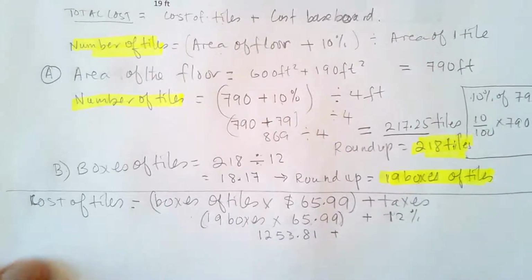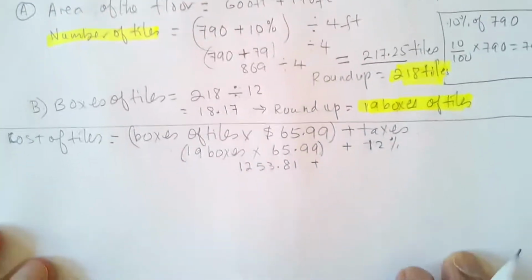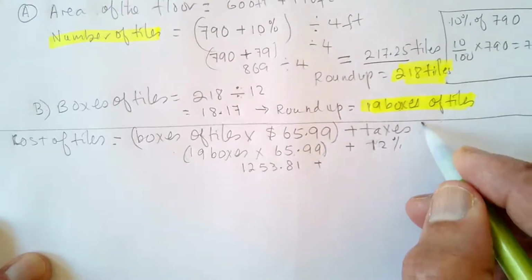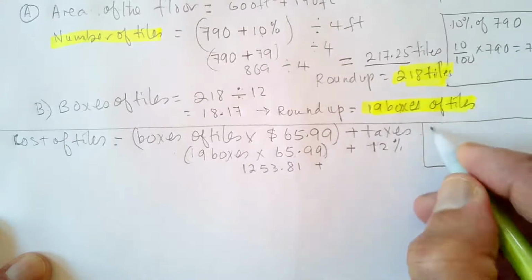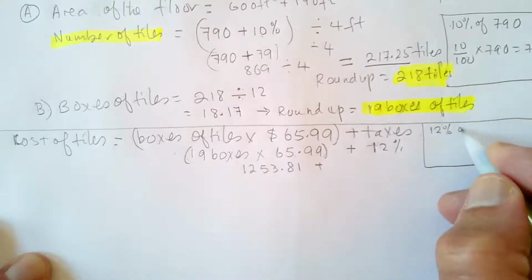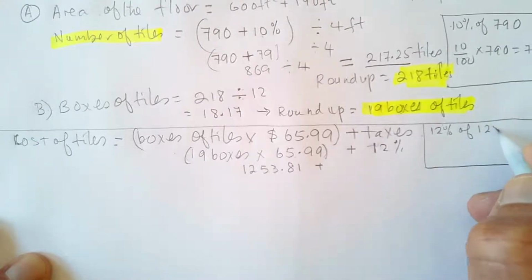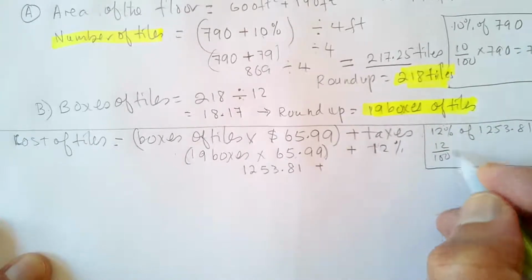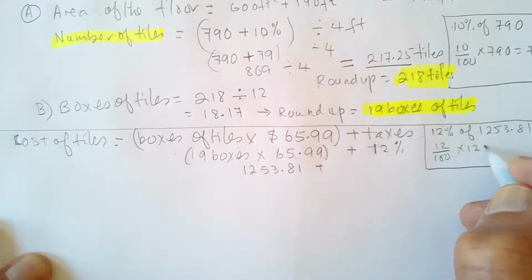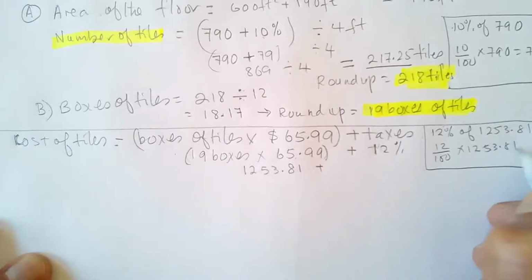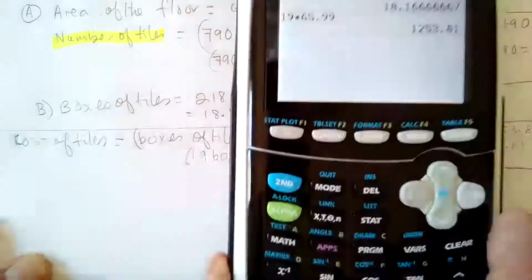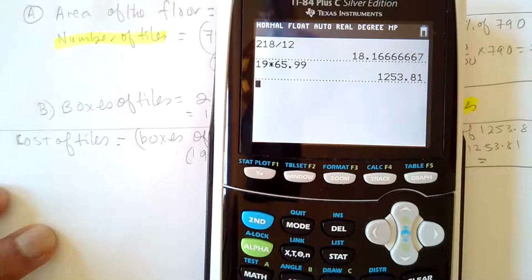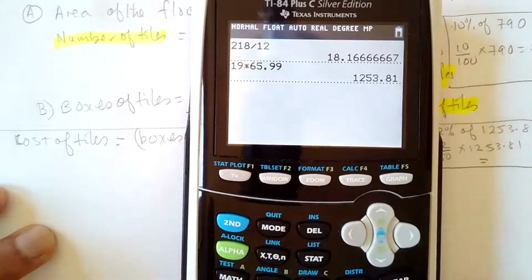Now 12% taxes, we're going to calculate that in the corner here. So 12% of 1253.81 gives you 12 over 100 multiplied by 1253.81. I'll show you in a moment the shortcut to this, which is much quicker.